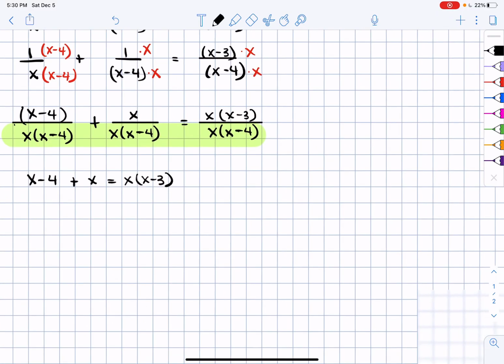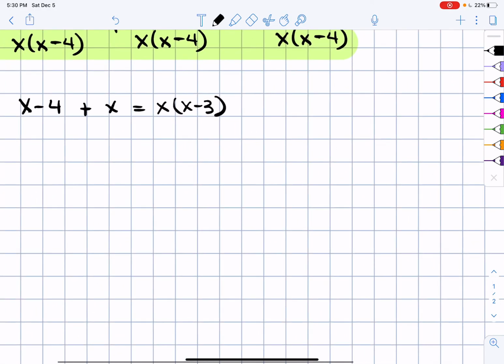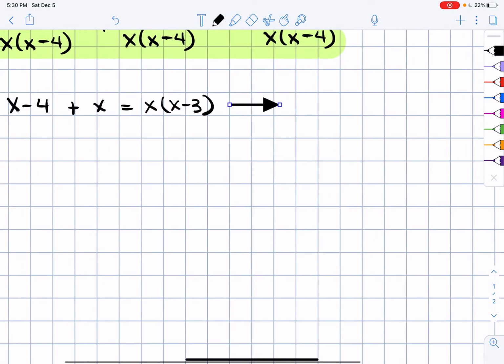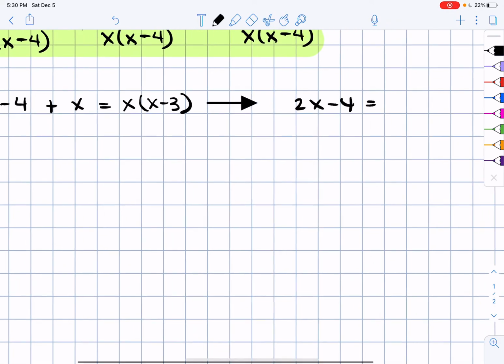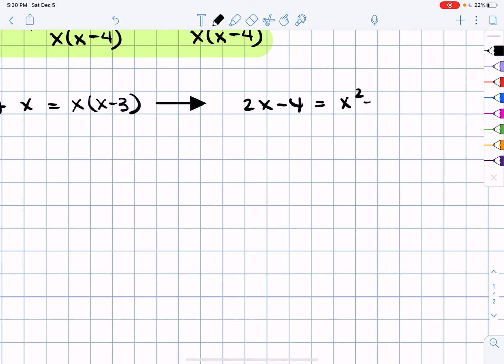Now, with that being said, I have 2x minus 4 is equal to x squared minus 3x. I see it squared, I see it equal, so that means it's a quadratic. I want to get everything to one side, so I subtract the 2x over and add the 4 over.